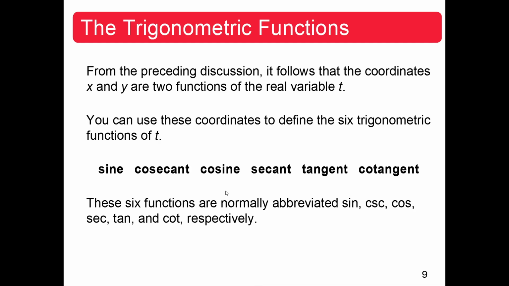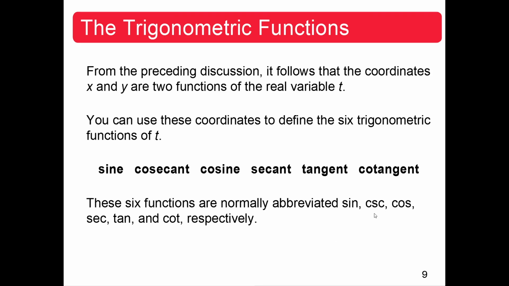These 6 trigonometric functions that we're going to be taking a look at are sine, cosecant, cosine, secant, tangent, and cotangent. While you've probably seen or heard of these before, our goal in this class is going to be to explain exactly where they come from and how we should best interpret them. One thing to note is you're not going to see these words on most calculators or in any program that's going to talk about trigonometric functions.